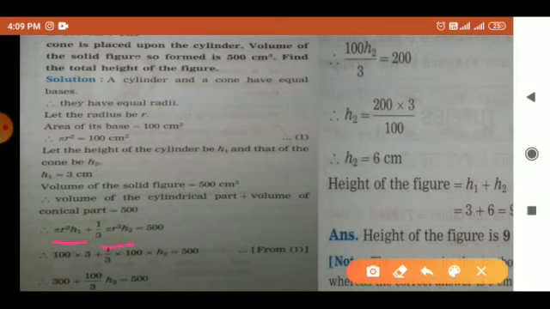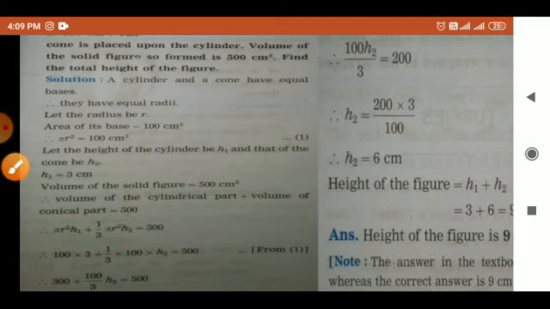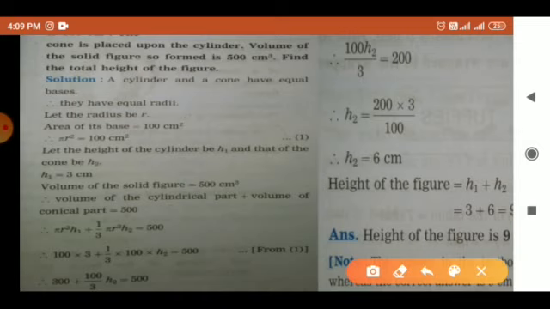But h we have taken as h1 for the cylinder, and h2 for the cone, so that only we will write. Then further, we will substitute all the values. Pi r square is directly given as 100, h1 is 3, 1 upon 3 as it is, and again pi r square is 100, h2 is the question mark. This we have to find out.